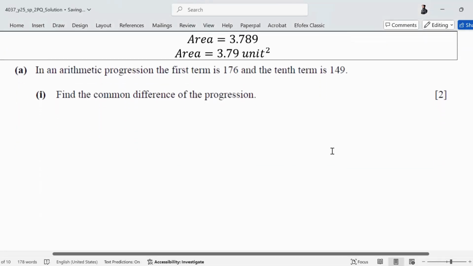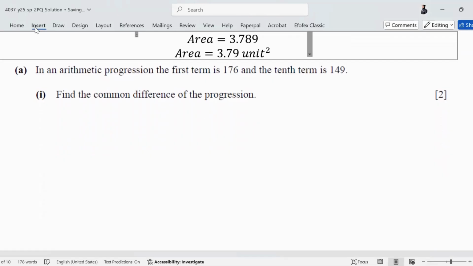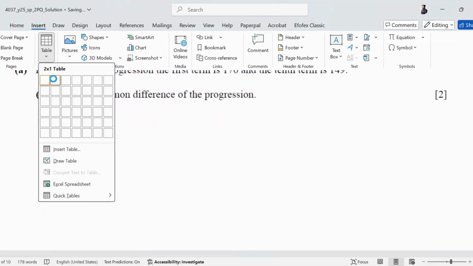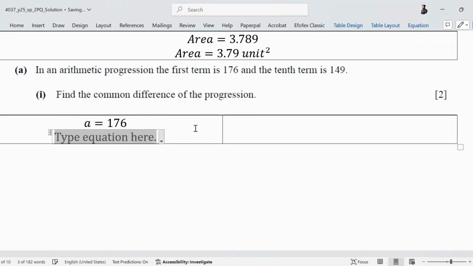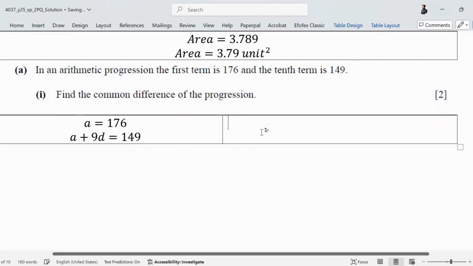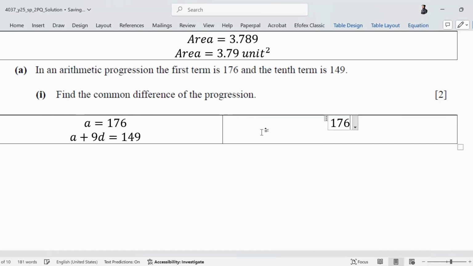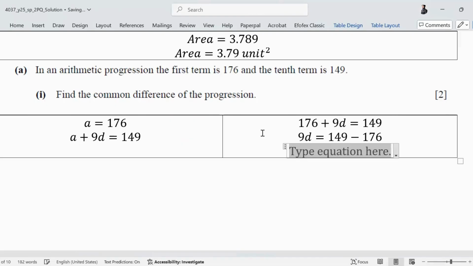In an AP, the first term is 176. That means A is 176. And the 10th term of an AP is A plus 9D, that is 149. And I need to find the common difference. So 176 plus 9D is 149. 9D is 149 minus 176.